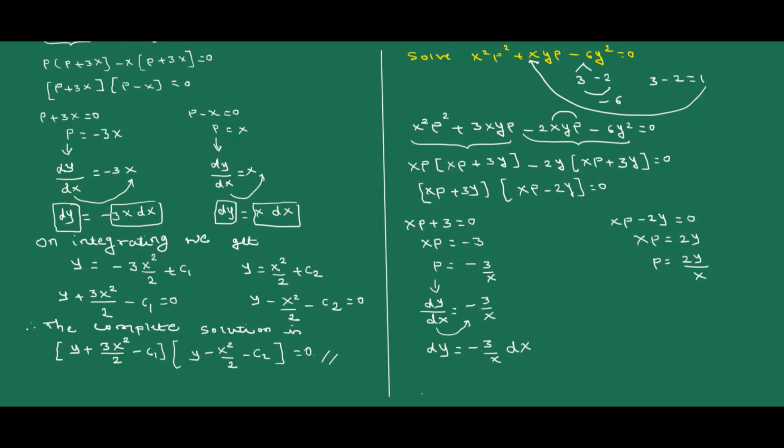P value is equal to dy divided by dx is equal to 2y divided by x. Separating the variables, transpose dx to the right hand side and transpose 2y to the left hand side, or better simply you can transpose only y. So we can write it as 1 by y into dy is equal to 2 divided by x into dx.